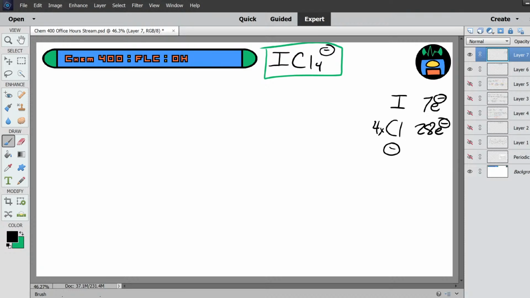Then we have a negative charge, so that's 1 additional electron.